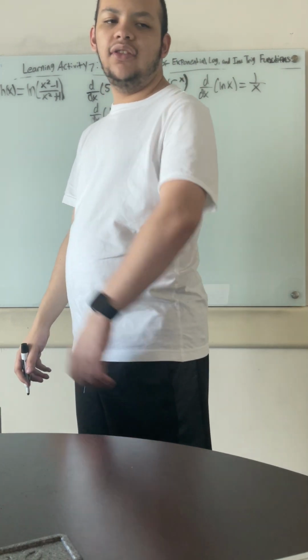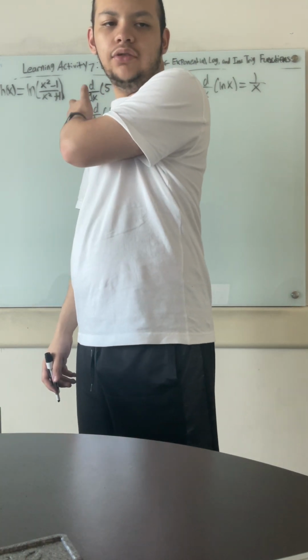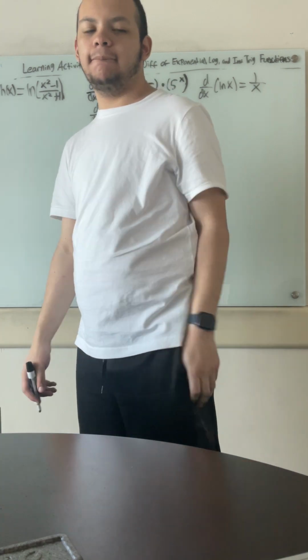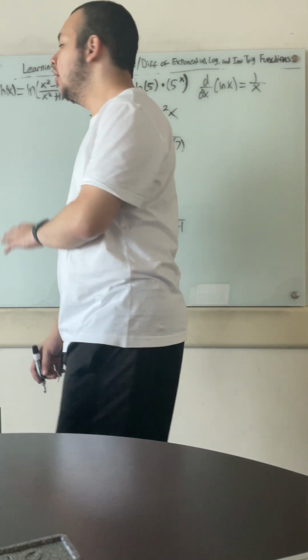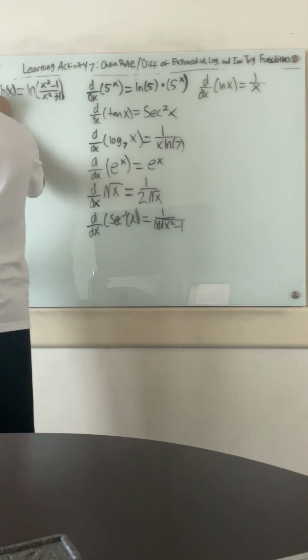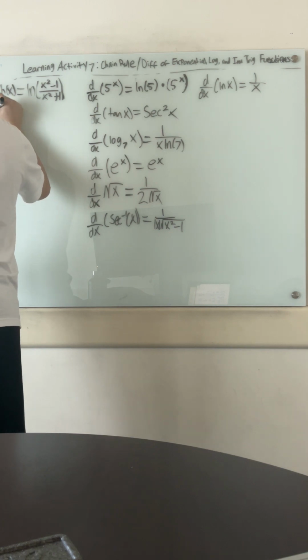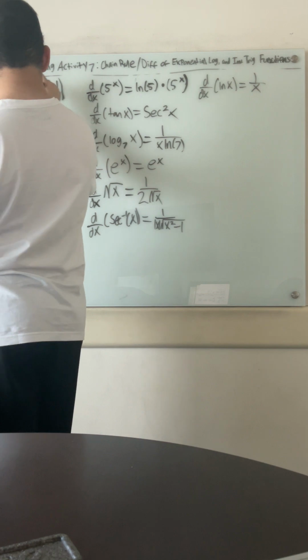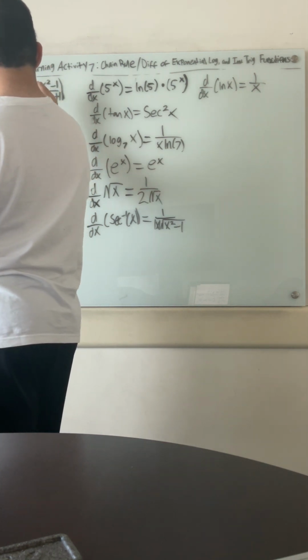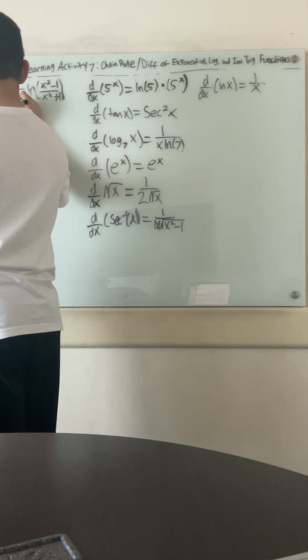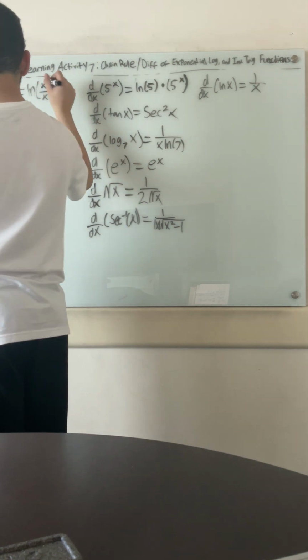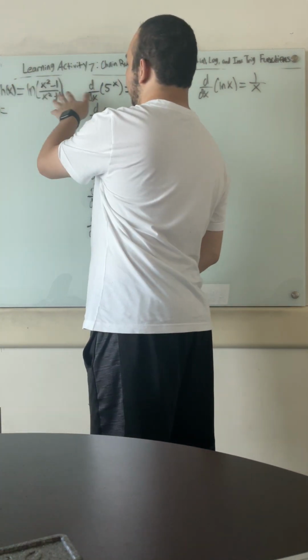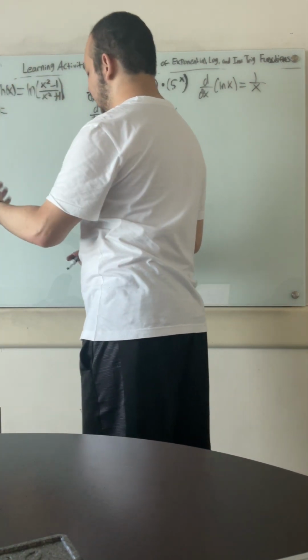So right here, this is a quotient rule thing. So what we're going to do first is take the derivative of this function. Notice that we're finding the derivative of ln, so we have 1 over x, and in this case, (x squared minus 1) over (x squared plus 1) is our x.